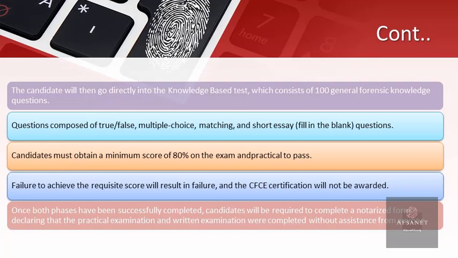The CFCE process is autonomous and must be performed by candidates independently. Once both phases have been successfully completed, candidates will be required to complete a notarized form declaring that the practical examination and written examination were completed without assistance from anyone.